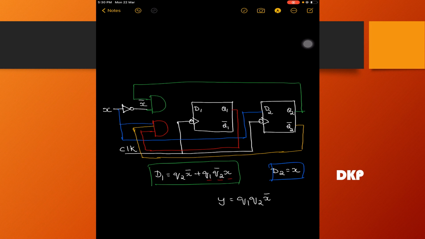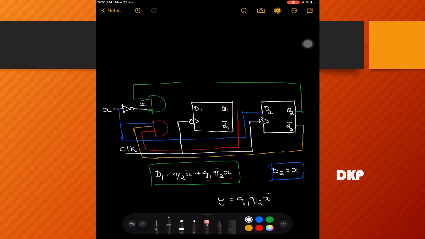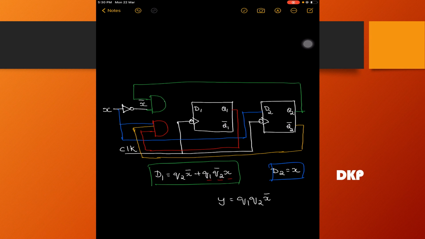X is given as the input to this AND gate, and now you have to use another OR gate here in order to complete this expression, that is Q2 X bar plus Q1 Q2 bar X. We will connect an OR gate here, and the output can be given to this D1. So this is over. D1 is equal to Q2 X bar plus Q1 Q2 bar X.